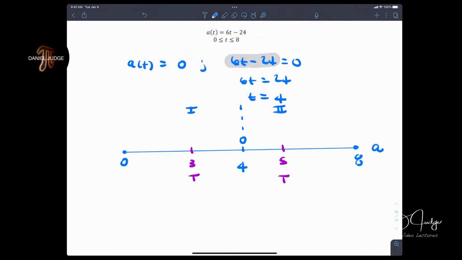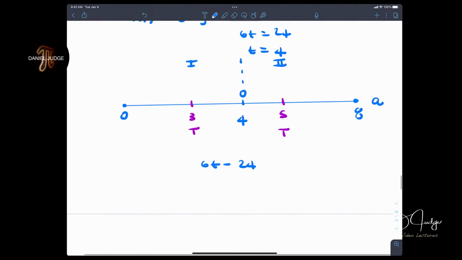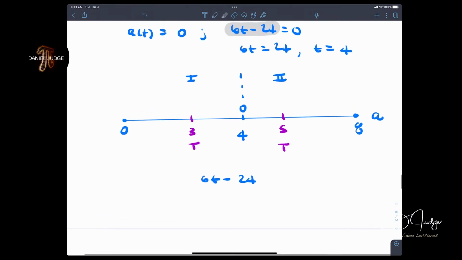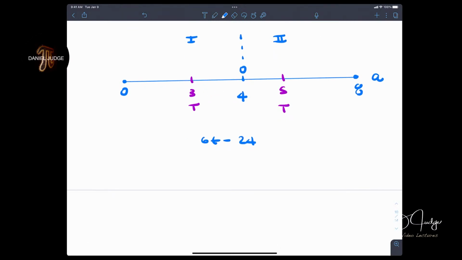We're testing 6t minus 24. That's my acceleration. Okay, because we got the time value here being 4. All right. We're going to check the signs, where it's positive, where it's negative.